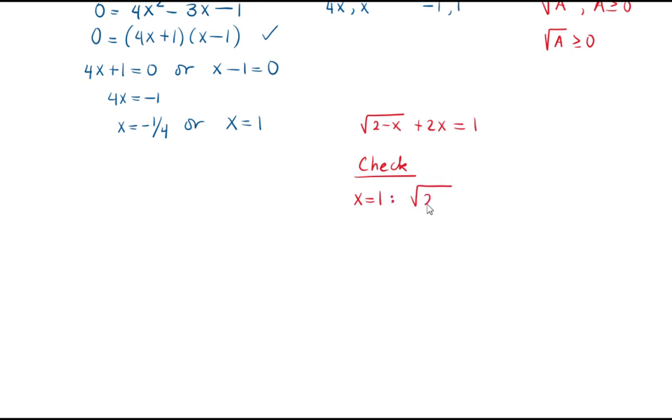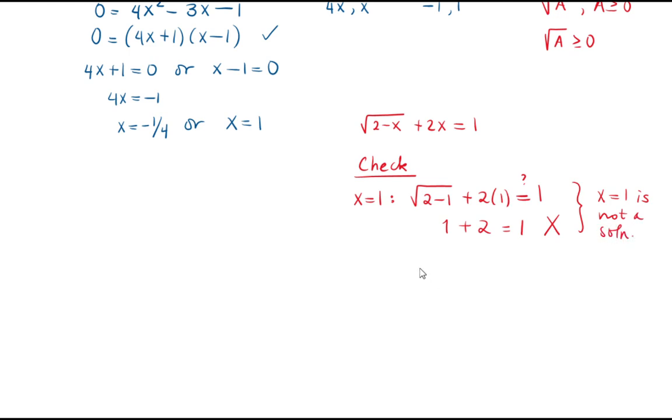We have square root of 2 minus 1 plus 2 times 1, is that equal to 1? So you'll see that's square root of 1, which is 1, plus 2, is that equal to 1? That doesn't work. So x equals 1 is not a solution.